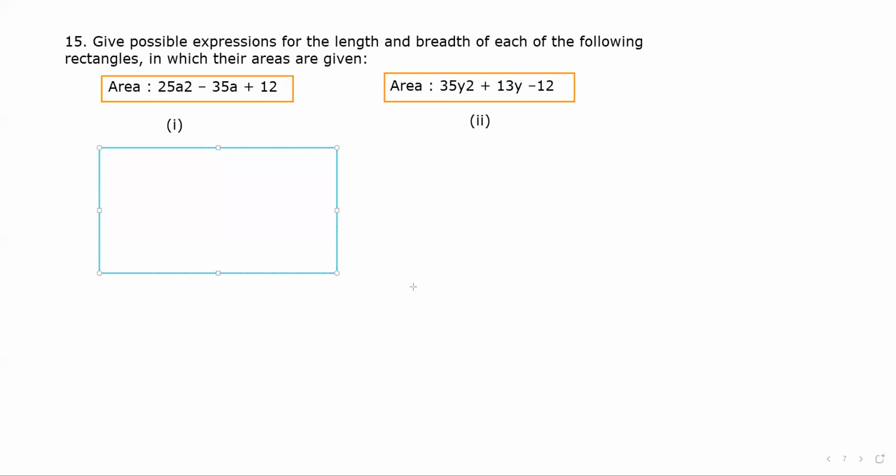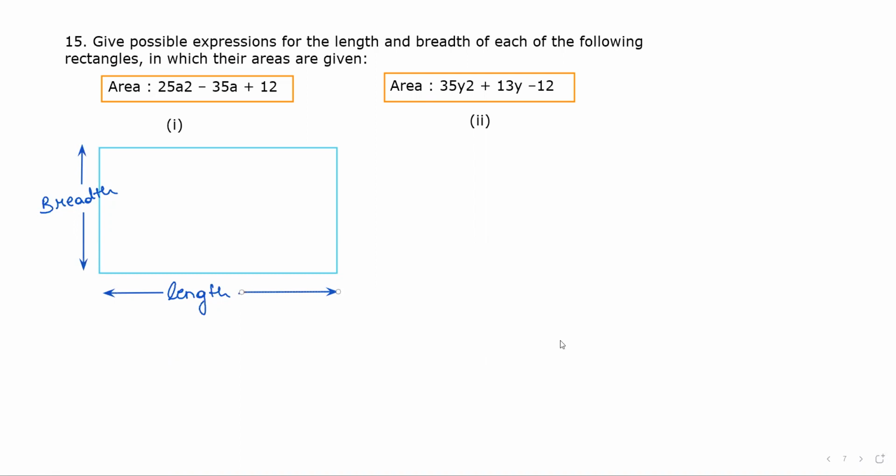This rectangle would have a certain length and a certain breadth. Now, this length and this breadth are in terms of variables, because the area that is being provided to you is in terms of variables.